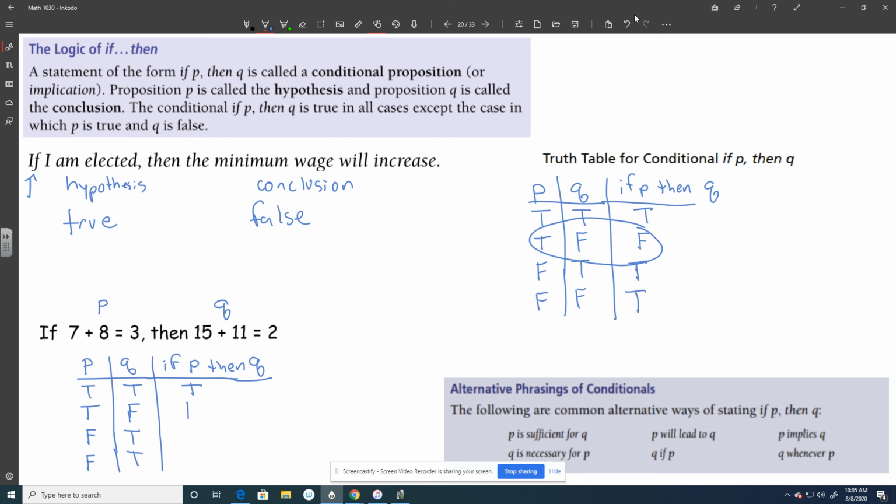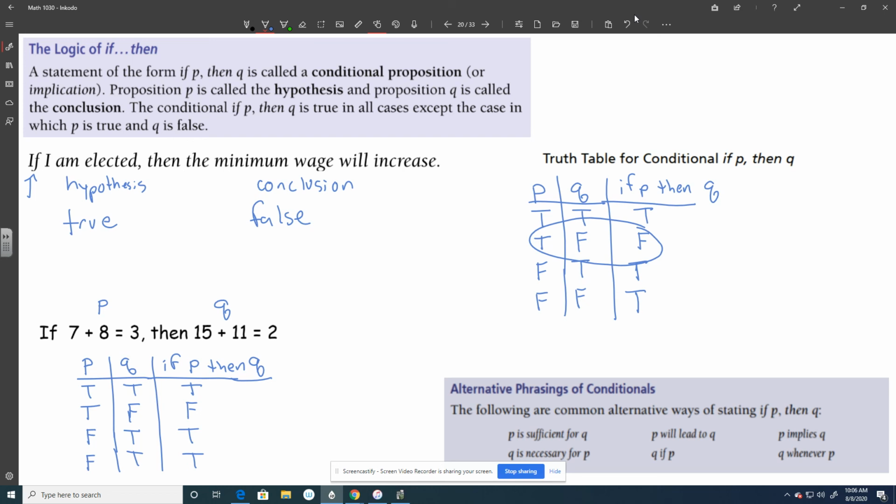Then the whole statement would be false. If P is false, because that's the if statement, it doesn't matter what Q is. It's true either way because this statement only says if P is true. If it's not true, then you automatically assume truth.